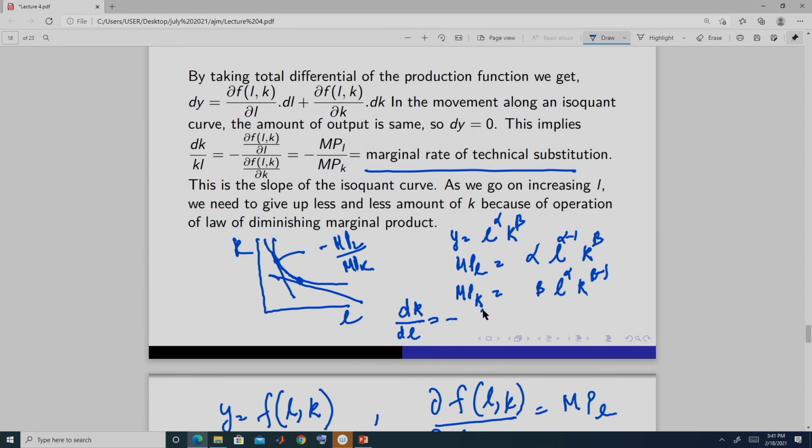So, it is going to be like this. So, what happens?